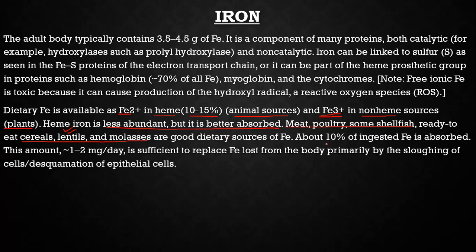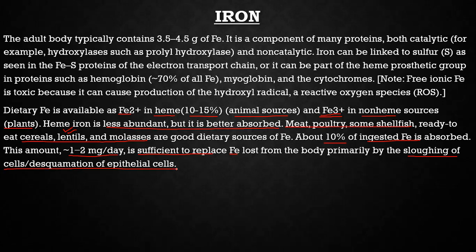Now, about 10% of the ingested iron is the one which is absorbed. Not all of the one ingested is absorbed. Only 10% of it is absorbed, which should be about 1 to 2 milligrams per day. That is your daily requirement for iron. And the 1 to 2 milligrams is sufficient to replace the iron which is lost from the body, primarily by the sloughing off or desquamation of the epithelial cells.